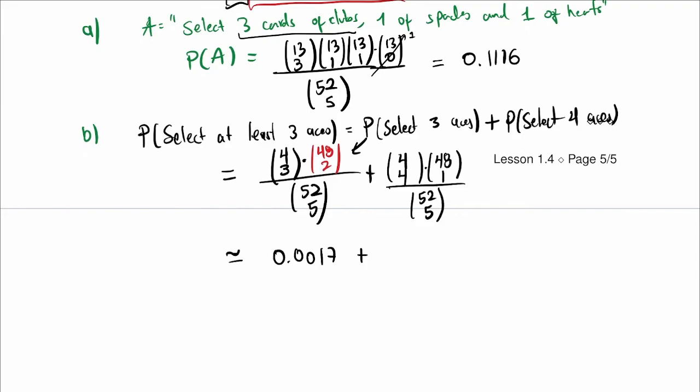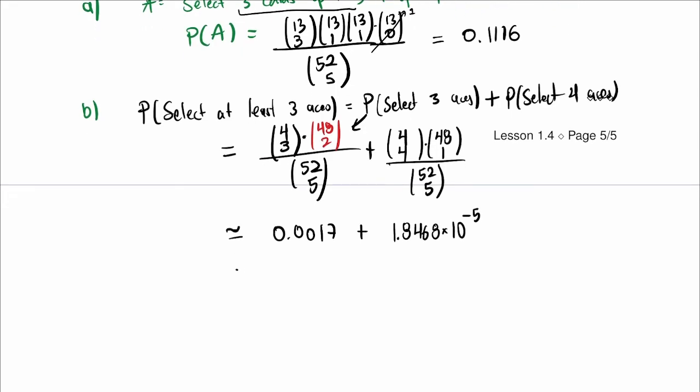It's going to be 1.8468 times 10 to the minus 5. And if we sum these two, it's going to be approximately 0.001754. And this is the probability of selecting at least 3 aces in a hand of 5 cards.